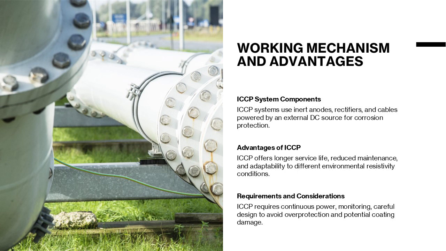However, it requires continuous power supply, monitoring, and higher initial investment compared to sacrificial systems. Proper design ensures uniform current distribution and prevents overprotection, which can damage coatings or generate hydrogen embrittlement. ICCP is widely adopted in critical infrastructure projects where reliability and long-term protection are paramount.